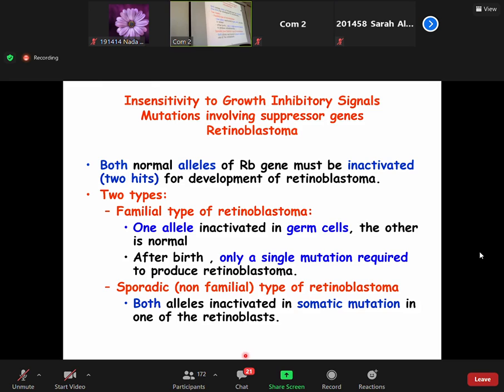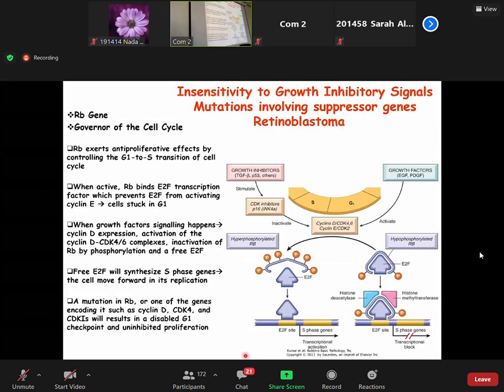How does it come to happen? Either inheritance of one allele followed by a mutation of the other allele later in life, or both alleles becoming inactivated later in life. All right, here is another thing regarding the retinoblastoma gene. To go deeper on how the retinoblastoma gene functions, you will see that the retinoblastoma gene is active here.